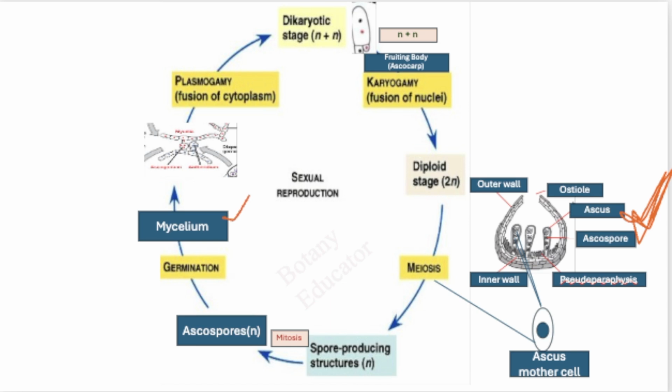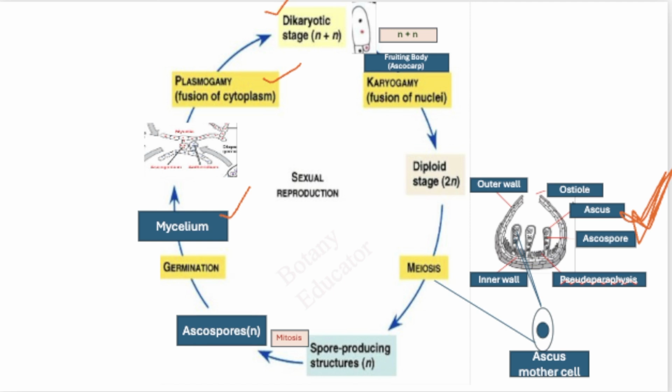This is the mycelium. This mycelium forms a reproductive structure in which sexual reproduction takes place. First the cytoplasm is fused, known as plasmogamy, and immediately after the plasmogamy a structure is formed where the nuclei come closer, and that's known as dikaryotic phase, right?